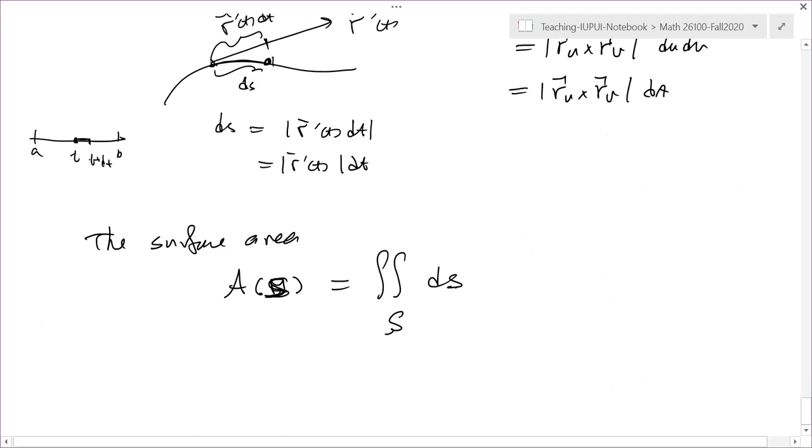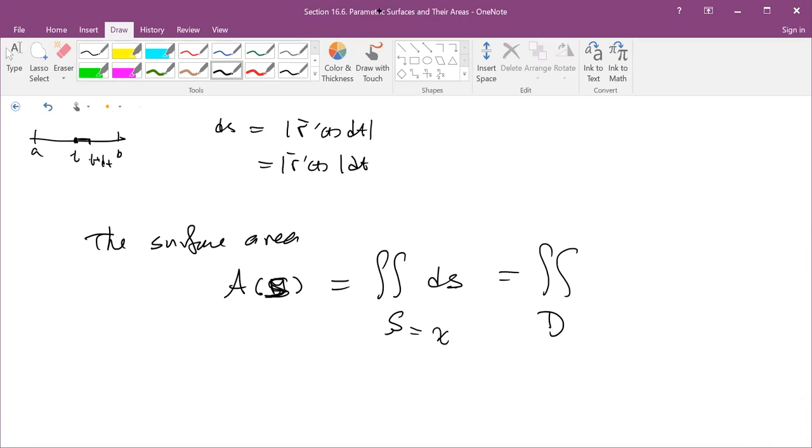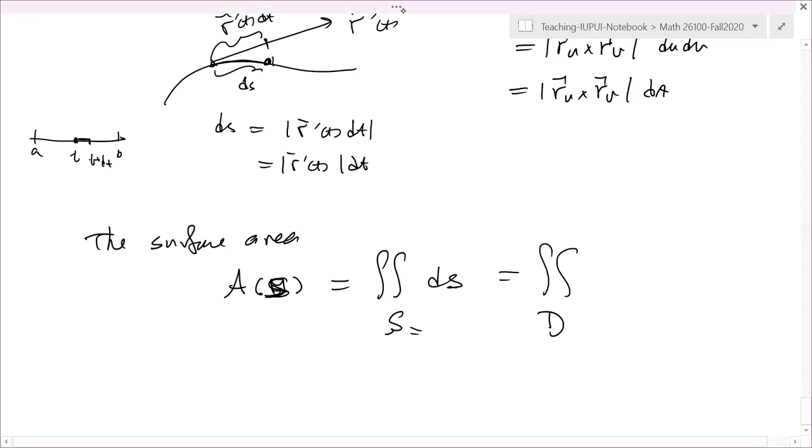The surface is the image of the domain D under r, so you can change it to dA, where dA is just du dv.